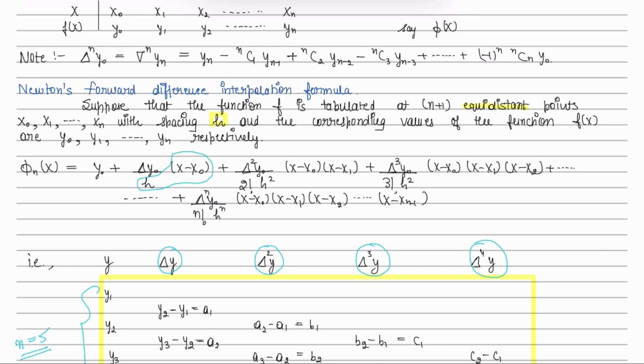When we use these values as p, the equation becomes: forward difference into p plus second forward difference into p minus 1 plus third difference into p minus 1 into p minus 2, and similarly this continues up to the nth forward difference into p minus 1, p minus 2, and so on to p minus n minus 1, and the factorial term will continue.